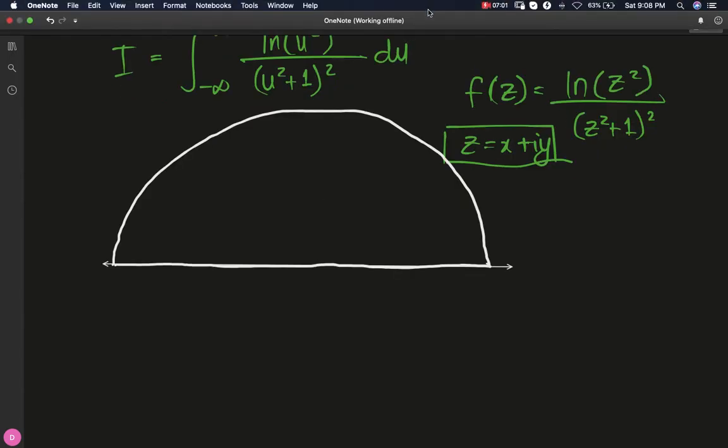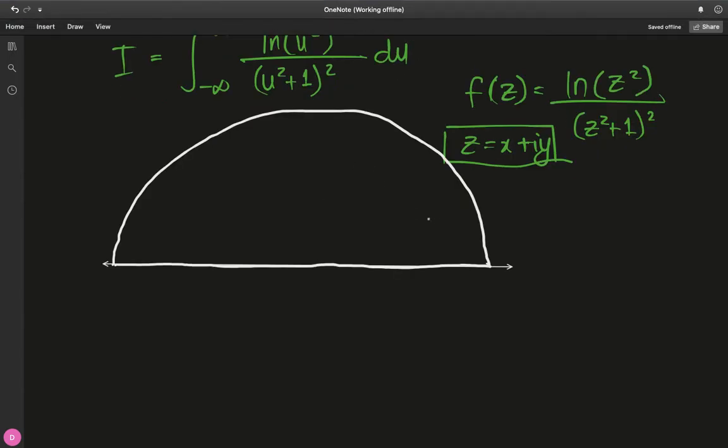So that's basically what a contour is going to look like, and this, in the ideal case, is a perfect semicircle. But I can't do it. I'm a really bad artist, so excuse me if you have problems with that. So this is the real axis, and this point is what I'm going to call negative r, and this point is what I'm going to call r.